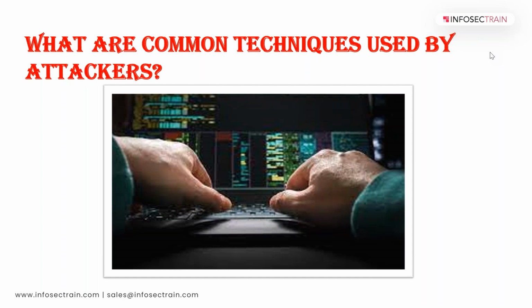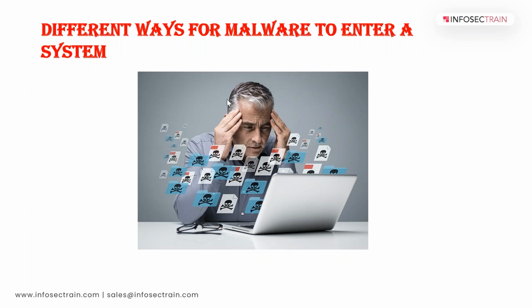Coming to the next slide, what are the different ways for malware to enter into a system? Let's say instant messenger applications. Infection can occur via instant messenger applications, like Facebook Messenger, WhatsApp Messenger, LinkedIn, and Google Hangouts.